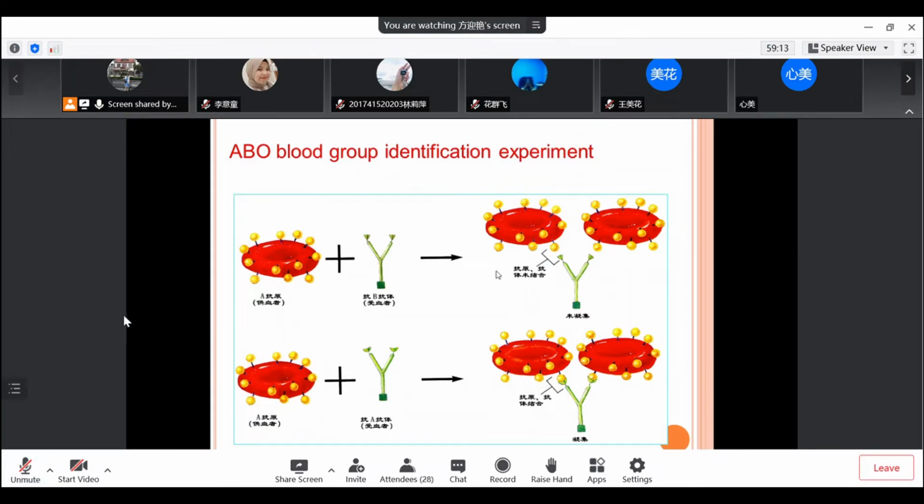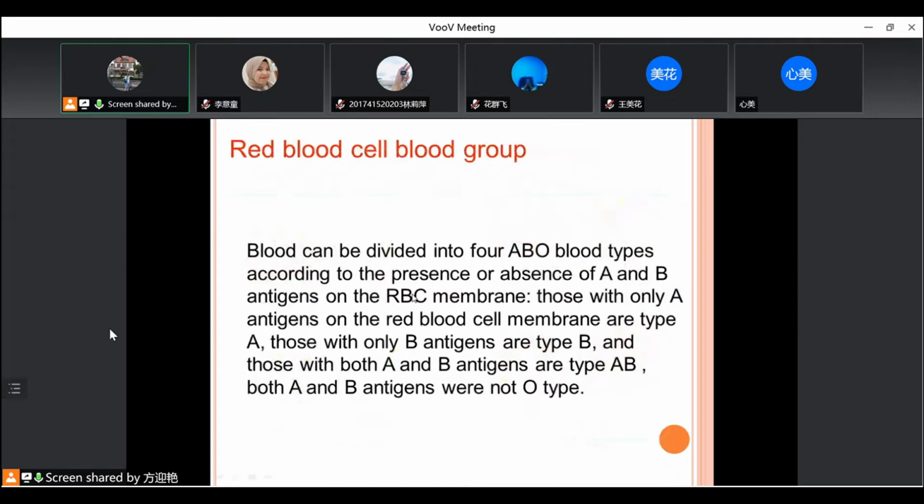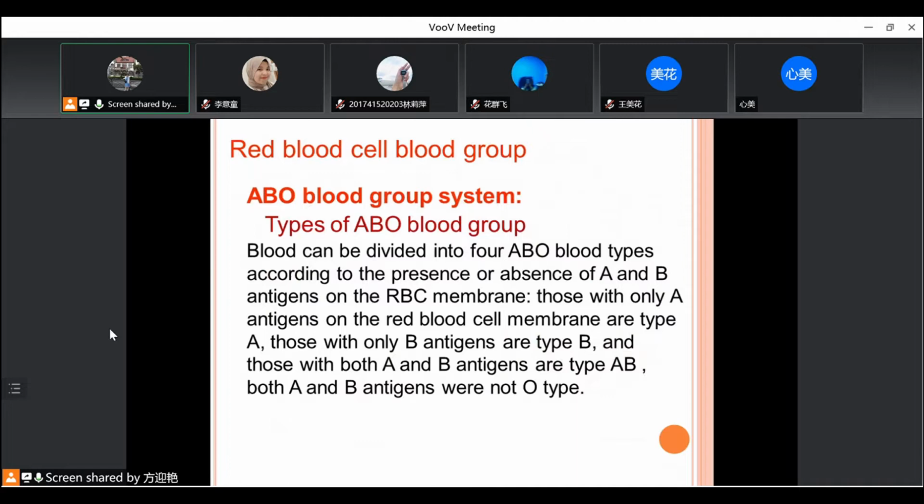So this is the nature of identifying the ABO blood group. Before we start this experiment, we need the knowledge of the red blood cell blood groups. We measure the ABO blood group and also some of the RH blood group.